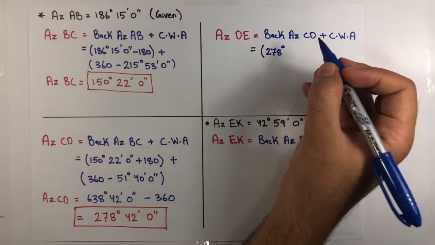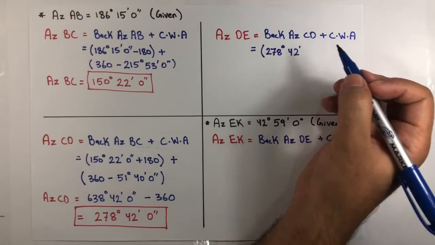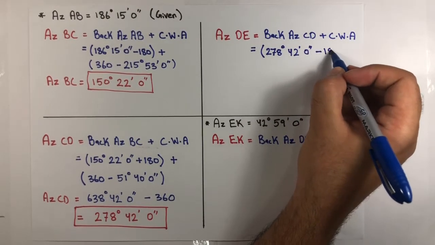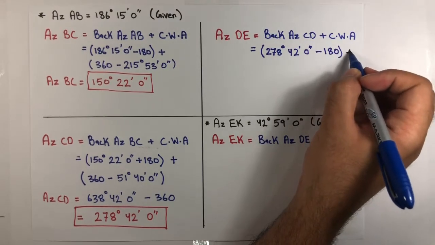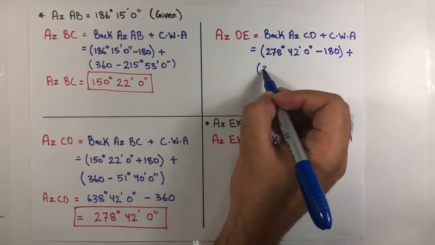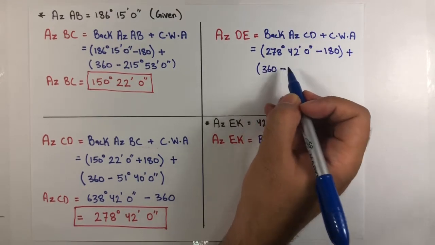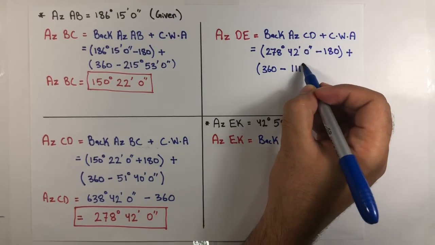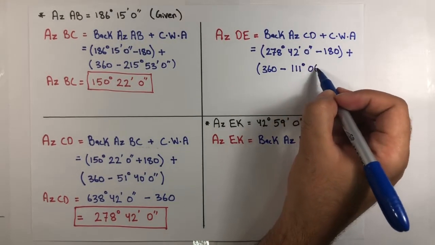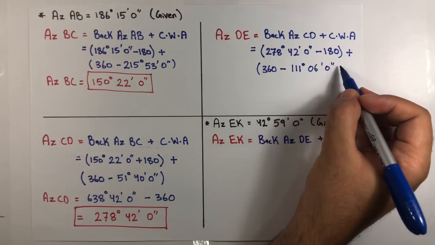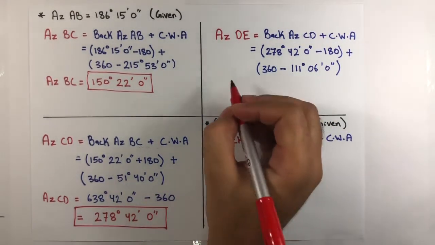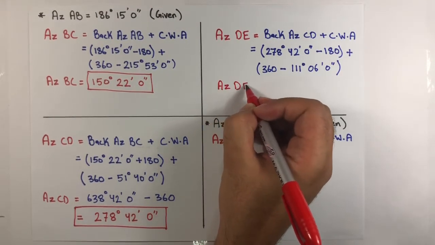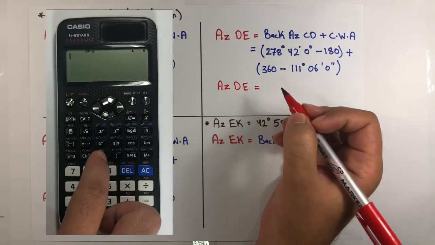So back azimuth, we have the azimuth of CD is 278 degrees 42 minutes and 0 second, which is more than 180 degrees, so we have to deduct 180 degrees plus the clockwise angle, 360 degrees minus our angle 111 degrees 6 minutes and 0 second. So let's do the calculations. This time you can find the clockwise angle by yourself.